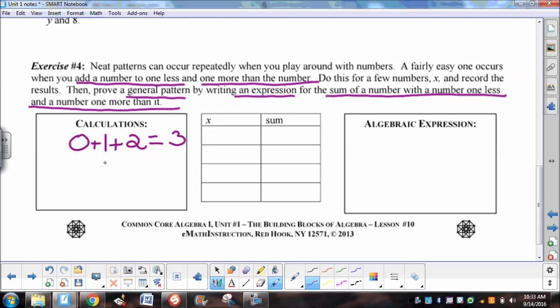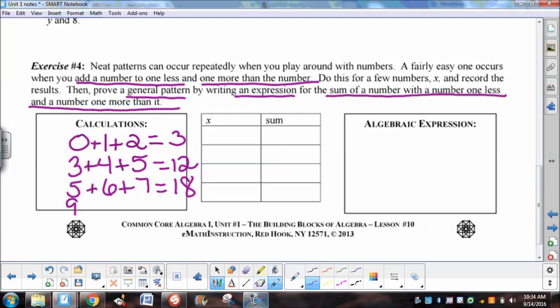What if I start with 4? I add 1 less than 4, which is 3, and 1 more than 4, which is 5, and when I add that all up, I end up with 12. Let's try 6. 1 less is 5, and 1 more than 6 is 7, and I add those up and I get 18.